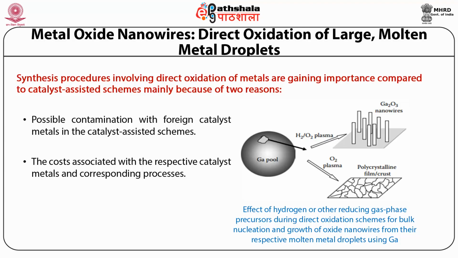So, any amount of dissolution of oxygen species during direct oxidation of large micron-scale molten metal droplets leads to spontaneous nucleation of nanometer-scale metal oxide nuclei within the molten metal.